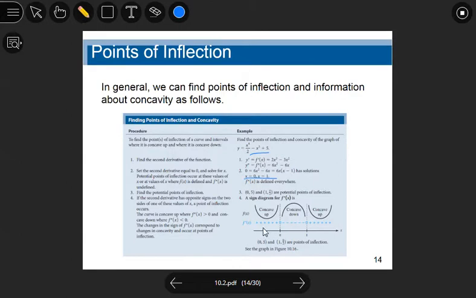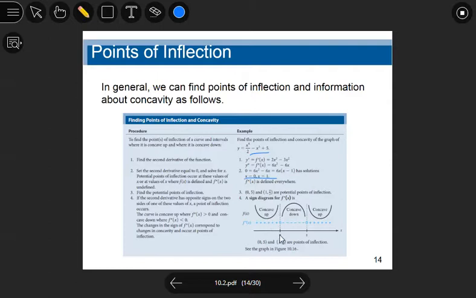So now using this diagram you can find the behavior of concavity. In the interval of negative infinity to 0, choose some point and plug. As an example, I can plug some value as negative 1. If I plug for this one, it is positive, so it is concave up.